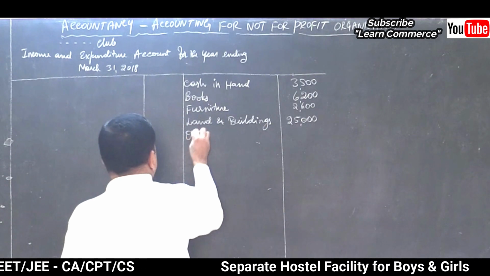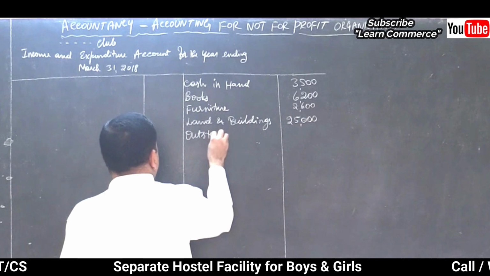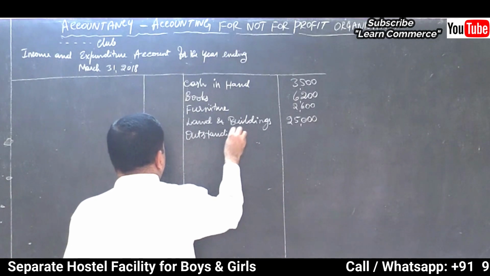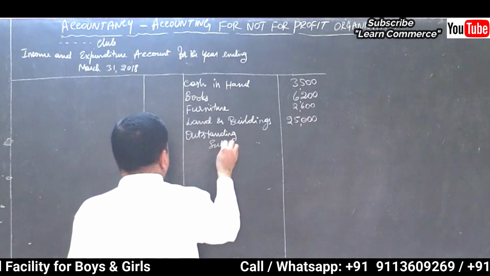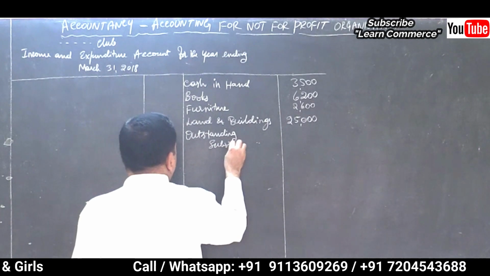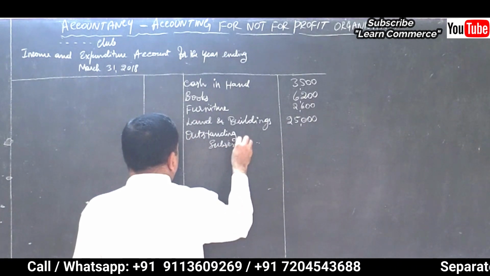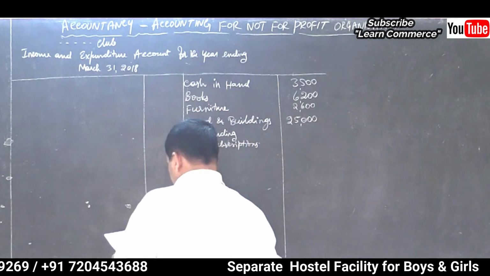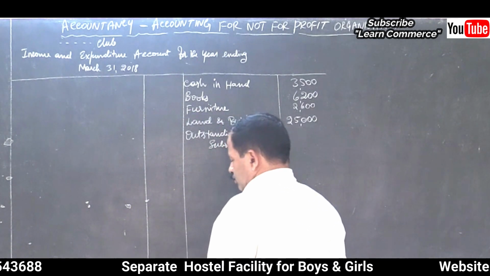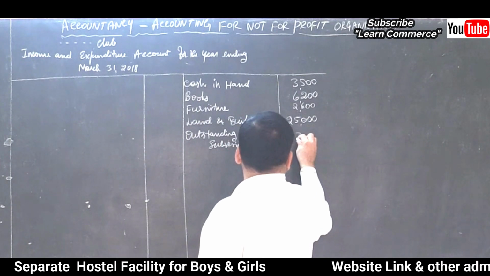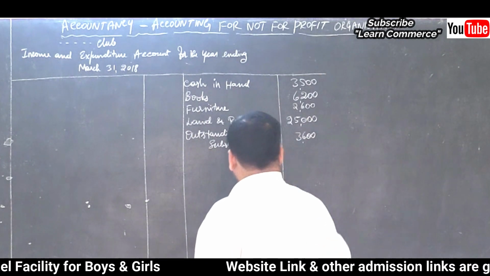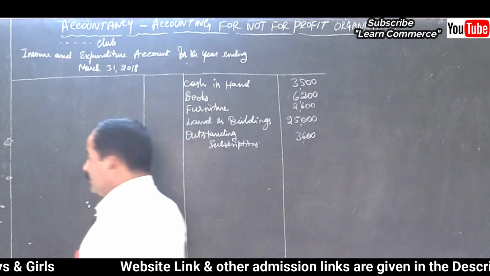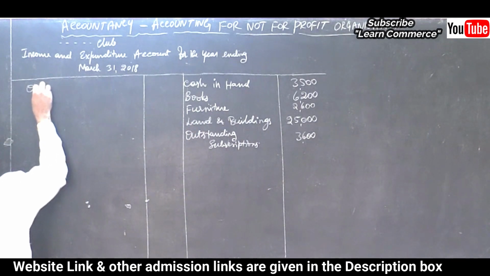Then outstanding subscriptions. How much? 3,600. Then there is outstanding salary.